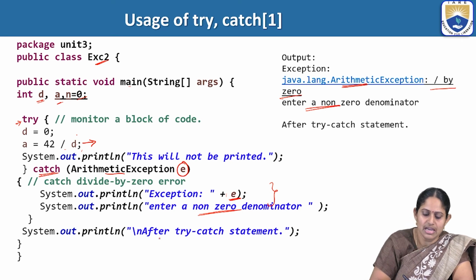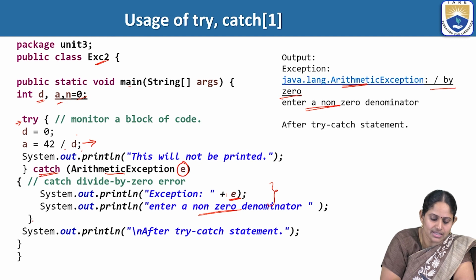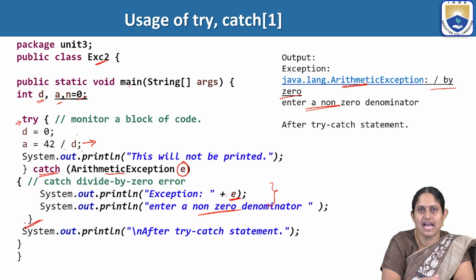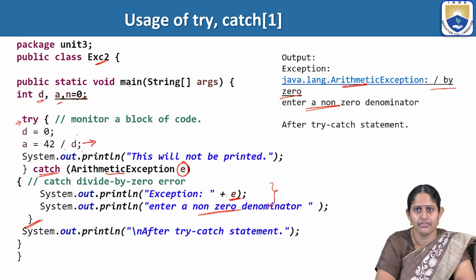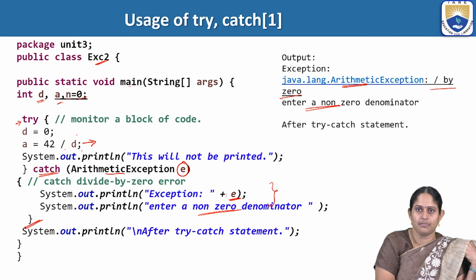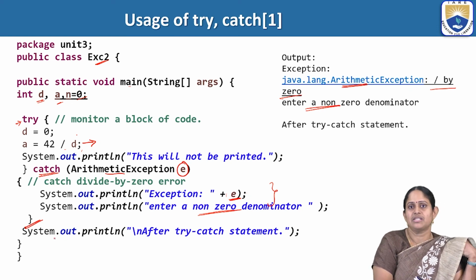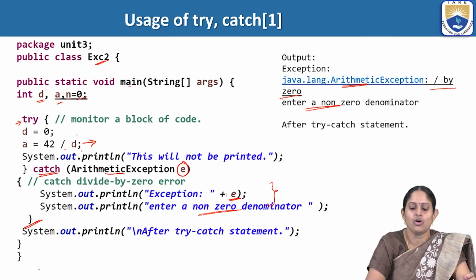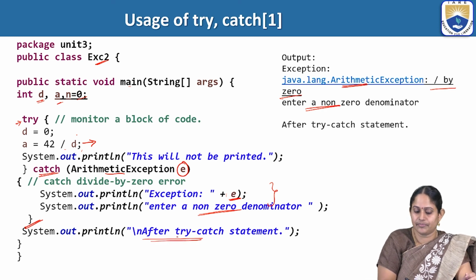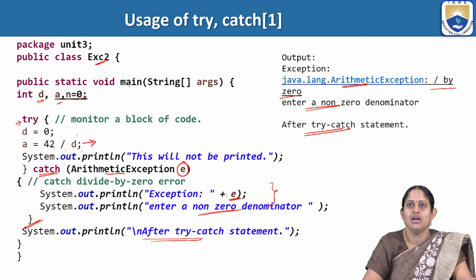At this point the try-catch block ends. Since we have handled that exception perfectly, there is no interruption of the program, so whatever statements follow the catch block will also be executed. Here we display the statement after the try-catch statement, so that statement also will be displayed.